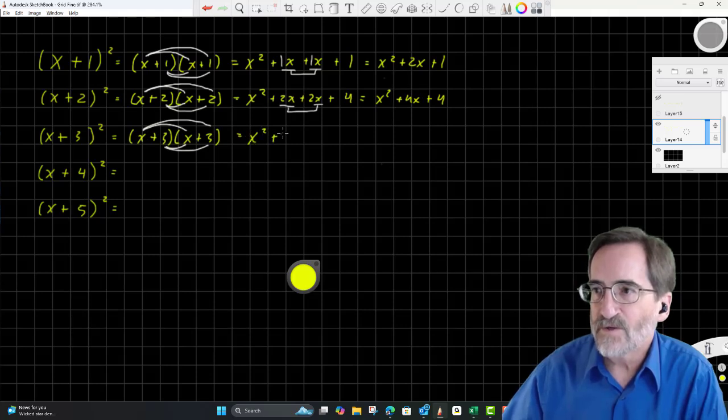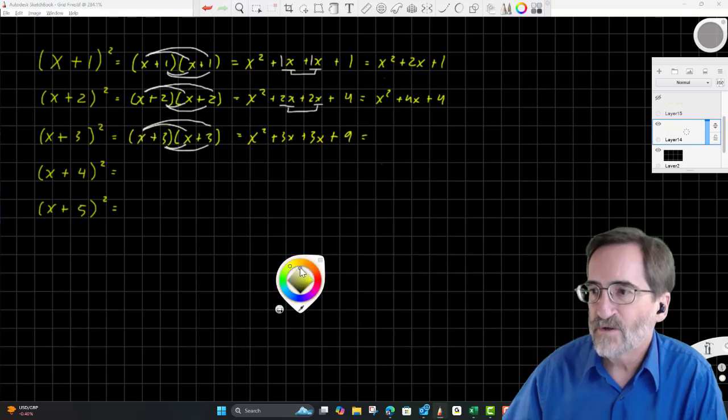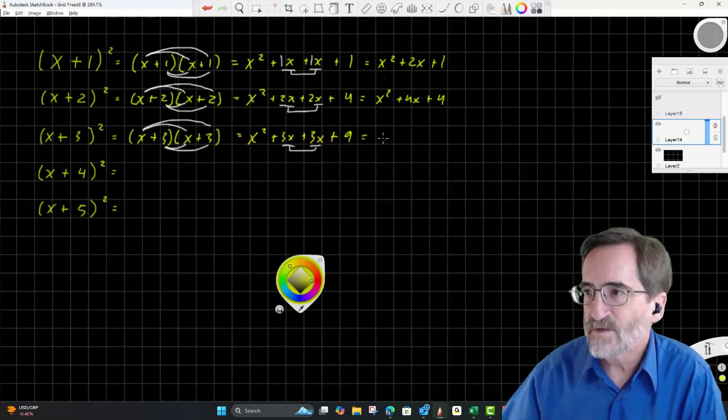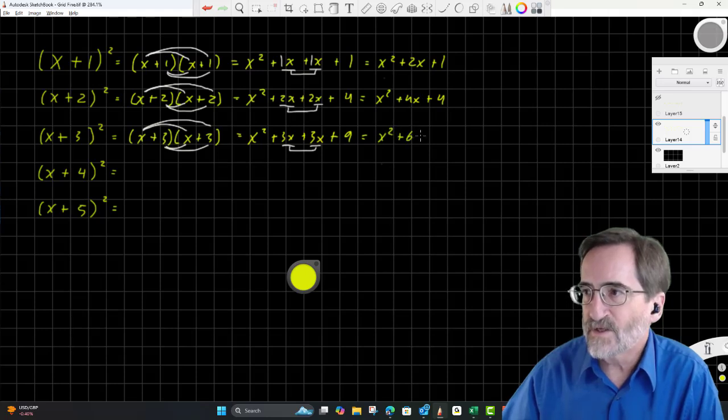X times 3 is 3x. 3 times x is 3x. 3 times 3 is 9. Combine the two middle terms. 3x plus 3x is 6x. So we get x squared plus 6x plus 9.